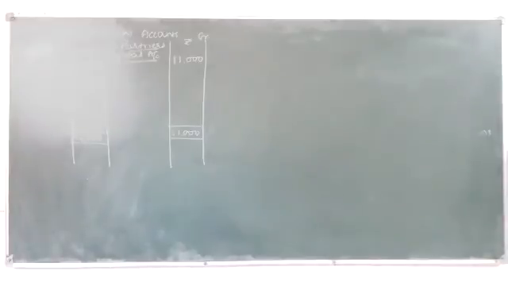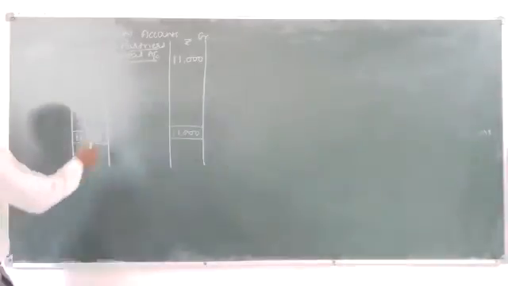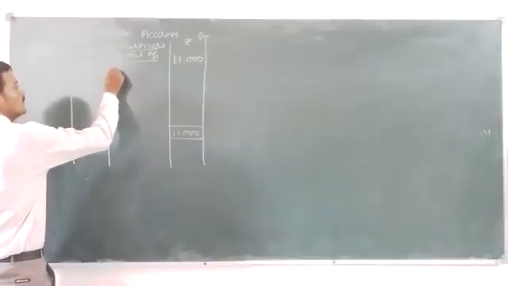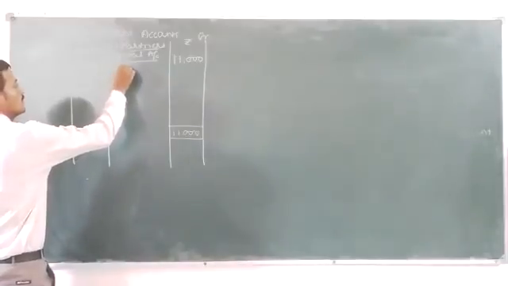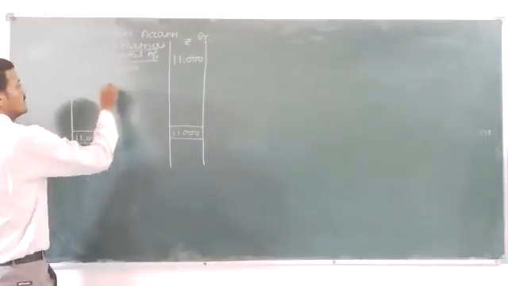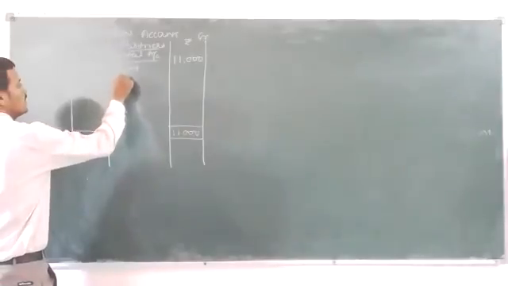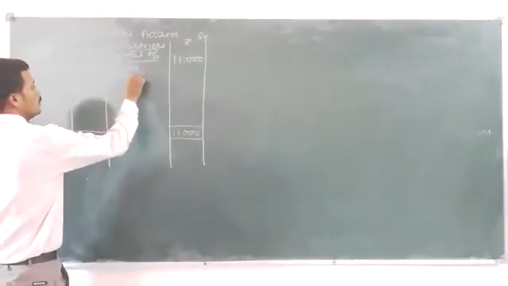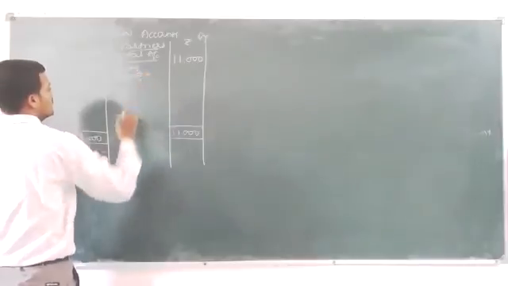And this 11,000 should be divided in the ratio 2:2:1. First, who is the person? Digvijay. Digvijay, 11,000 into 2/5.